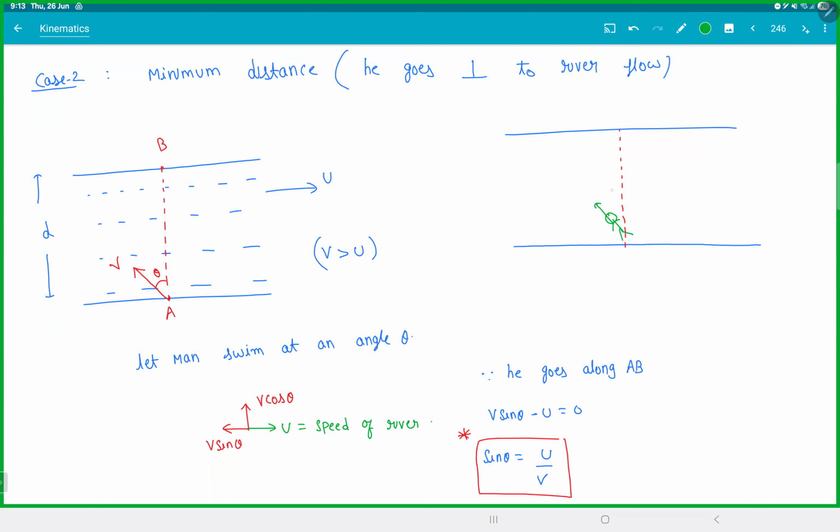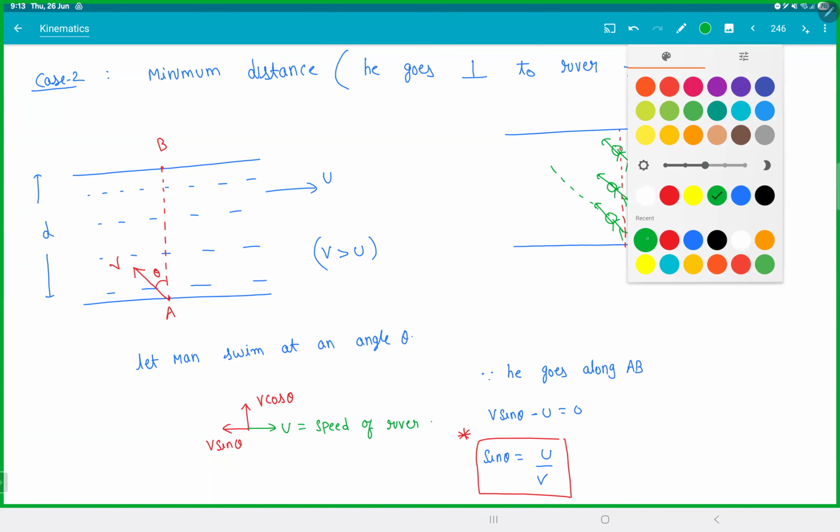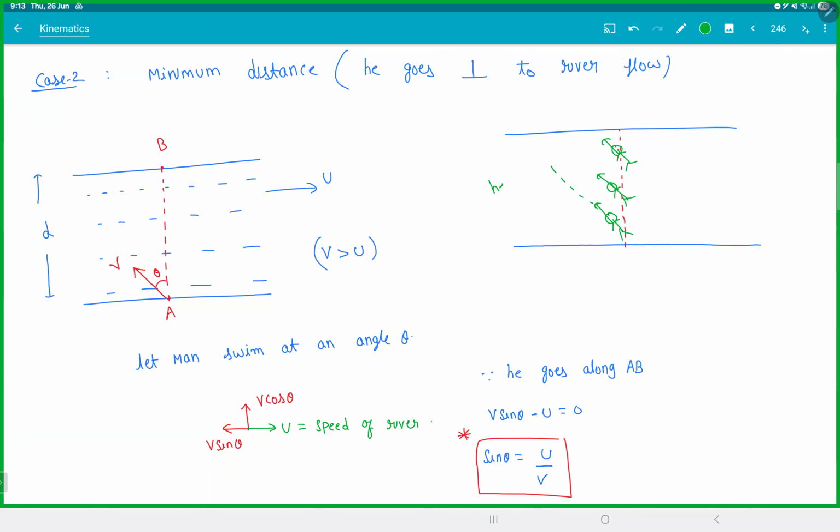He's looking, he's trying to look in this direction, but he's going straight. He's trying to swim at an angle, but he goes along the vertical line.